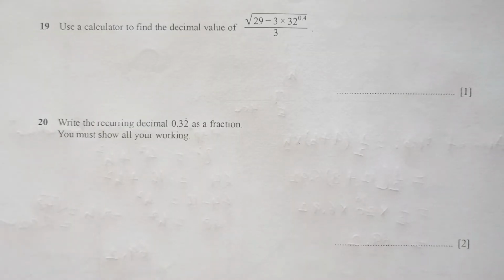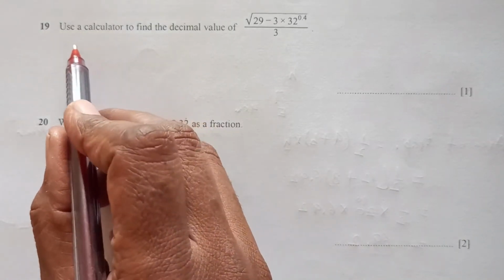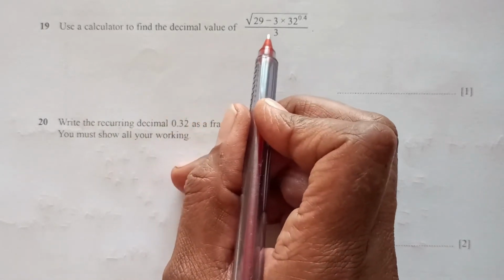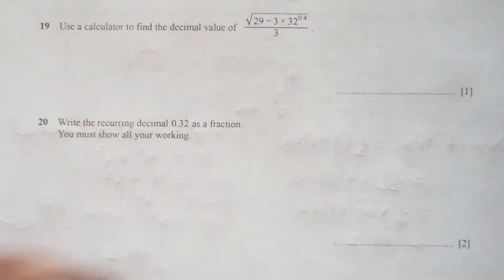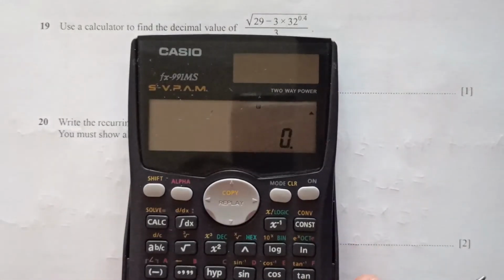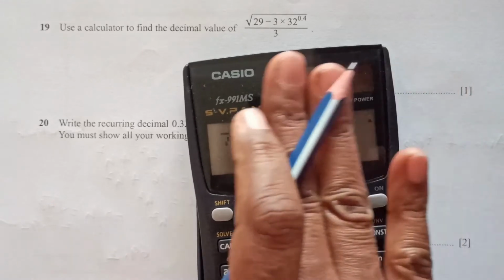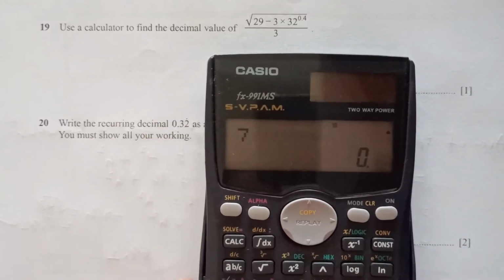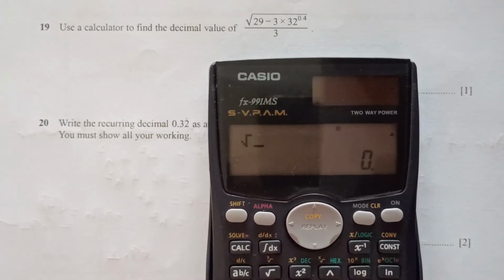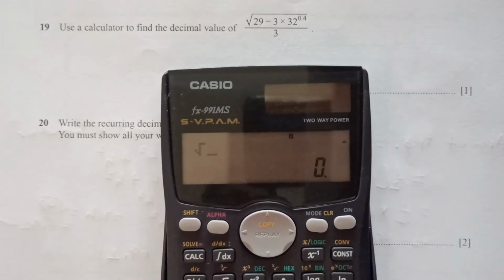Okay, so question 19. Use a calculator to find the decimal value of this number which is given to us. So we need to use the calculator for this. Let me show you. We have here square root. You need to put a bracket here.